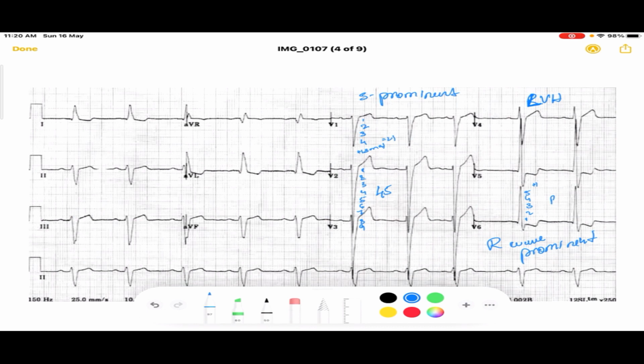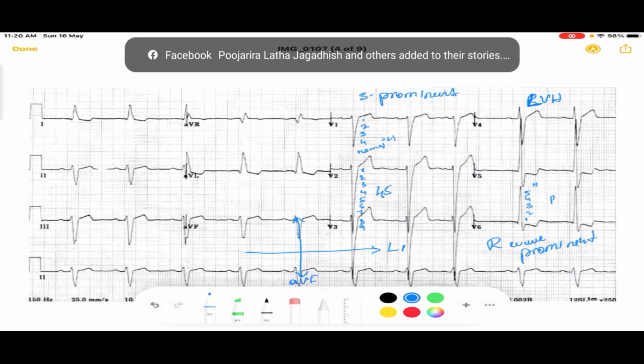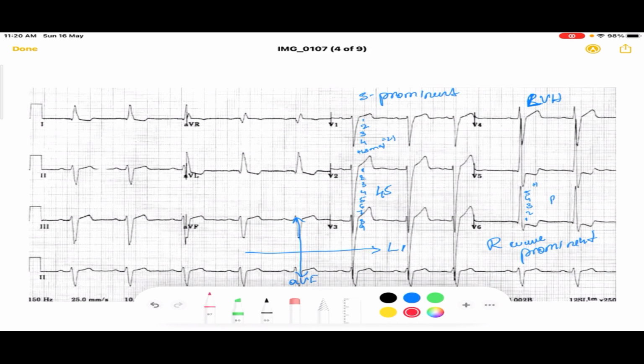As I told, to see axis deviation we have to see two perpendicular leads. Usually we take lead 1 and AVF, as I told in the earlier classes. In lead 1 it is positive waves, so the positive wave of lead 1 would be here.